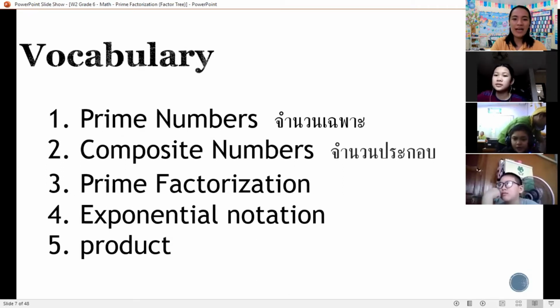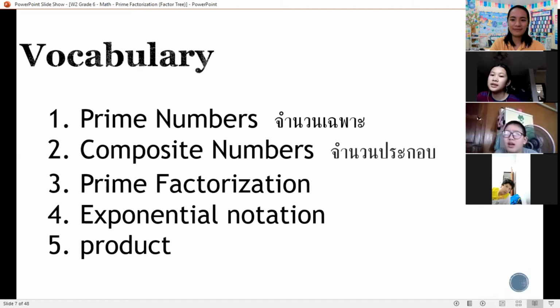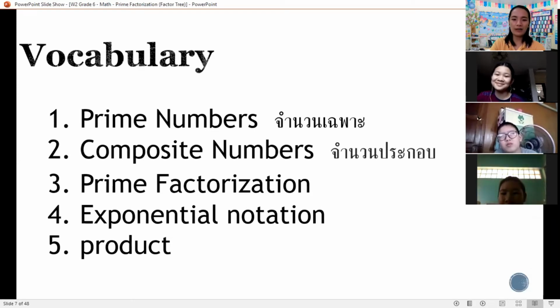One more time, prime factorization. Very good. Number 4, exponential notation. One more time, exponential notation. Okay, number 5, product. One more time, product.